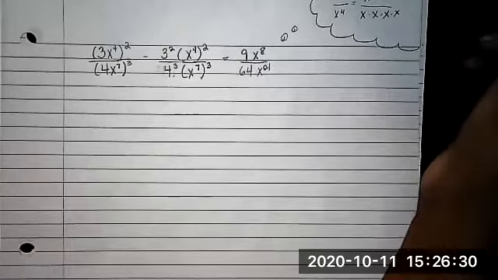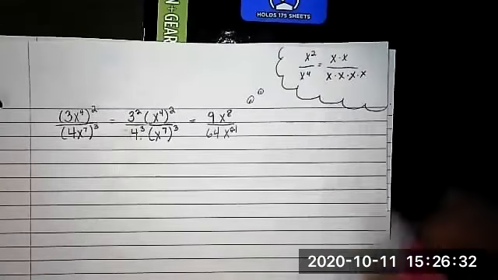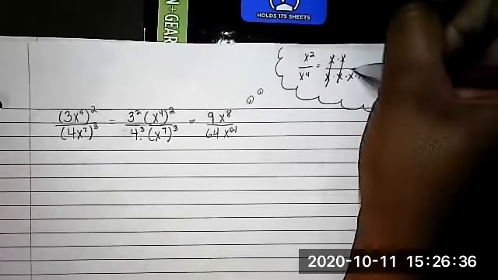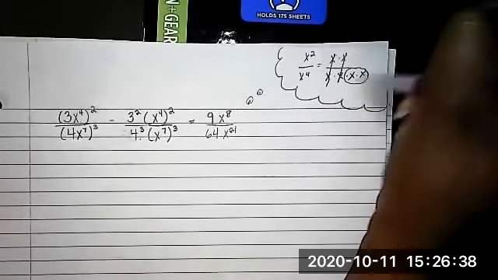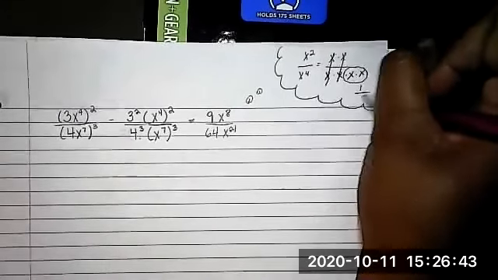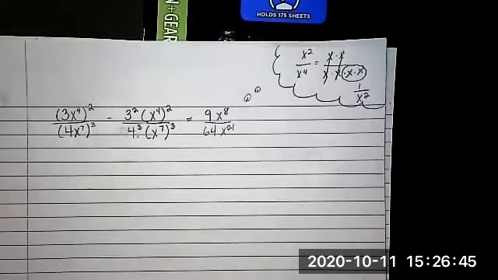Okay. So now these 2 cancel out. How many are left over? 2 at the bottom. So your answer, of course, if there's nothing up top, it'd be 1 over x squared at the bottom.